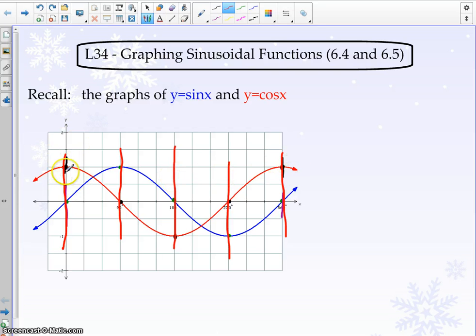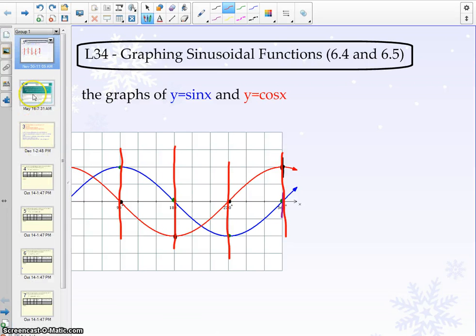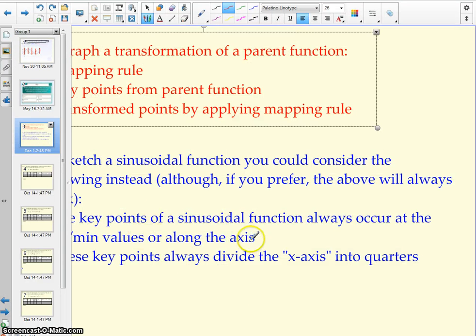Do the same thing for cosine: max to axis, axis to min, min to axis, axis to max. You can split an entire cycle up into 4 quarters of equal length. So again, these are all things we can do to potentially save ourselves some time. I'll show you how to do that here.